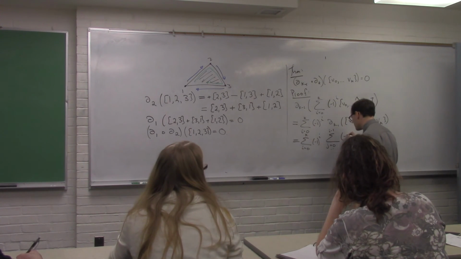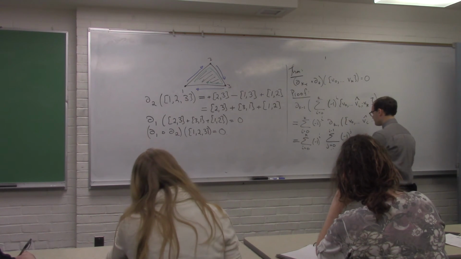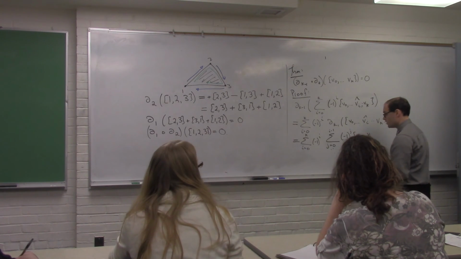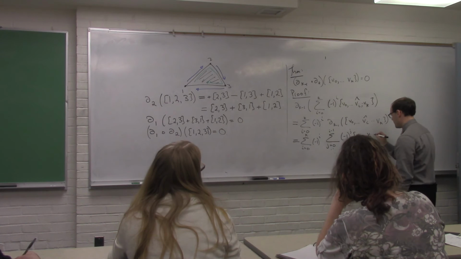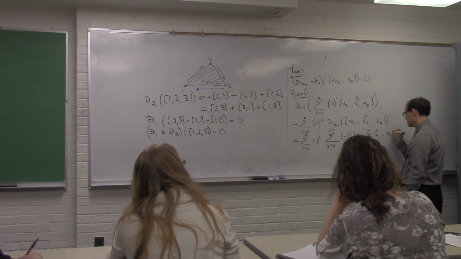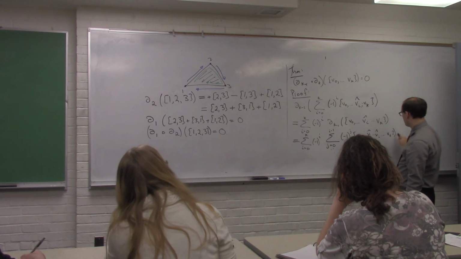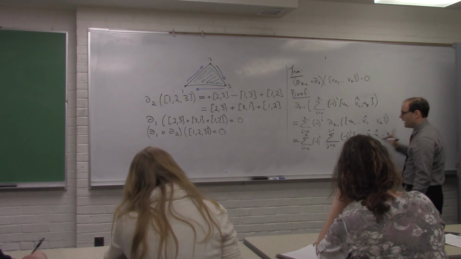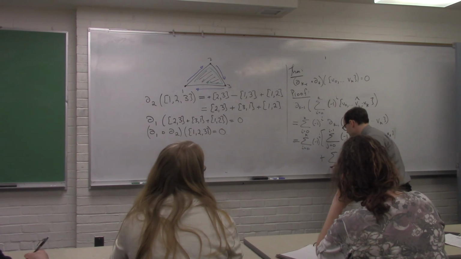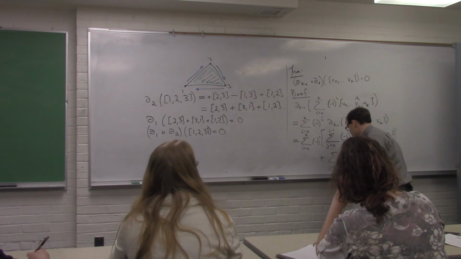In that case, it's just negative 1 to the j, v0 up to, and I'm going to ditch vj and vi. But now, in addition, I'm going to add the rest of it, i plus 1 up to k.